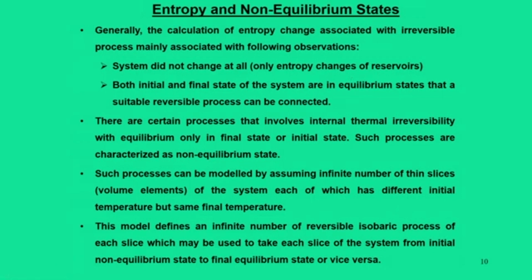So here all the values are: rho is 8830, area A in meter square, T0 is 400 Kelvin, TL is 200 Kelvin.